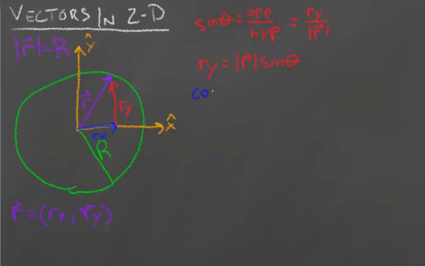Similarly, cosine theta is equal to the adjacent side over the hypotenuse, which is rx divided by the magnitude of r. Or in other words, rx is equal to r cosine theta.